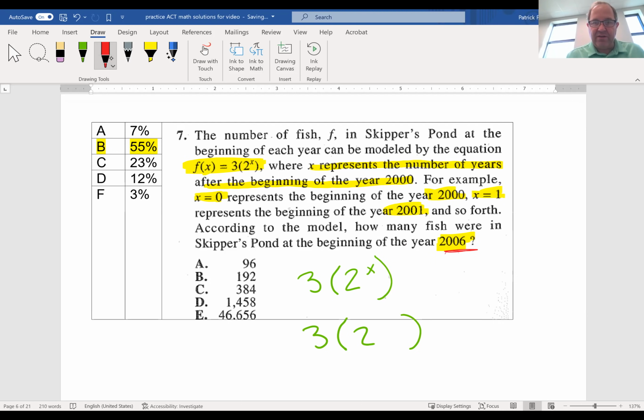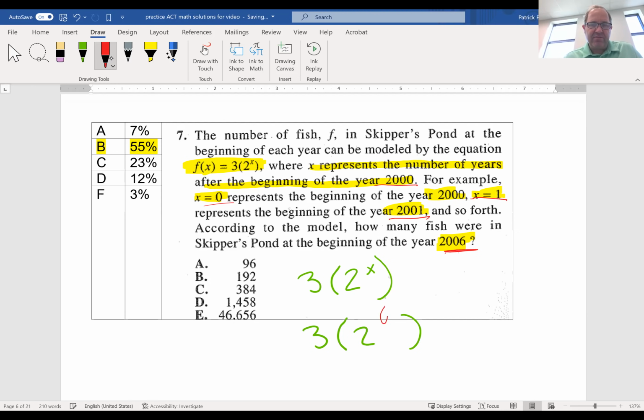We're trying to find 2006, and we're told the year 2000 was a 0, right? When x is a 1, we're at 2001. So 2006 would be, let's see, 0 is 2000, 1 is 2001.